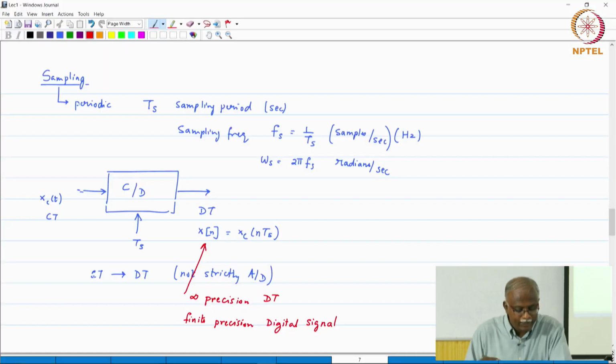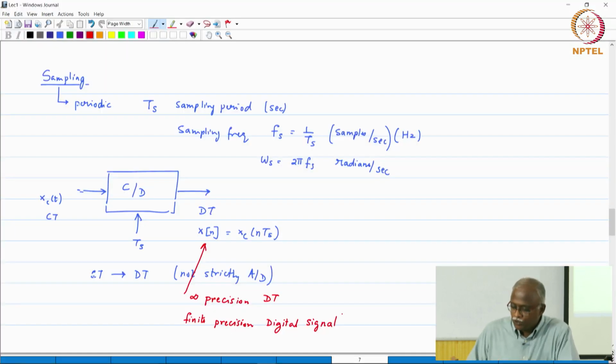Though we will talk about A to D as an application of multi-rate signal processing, I just want you to keep in mind that for us, going from continuous time to discrete time involves representing the signal quantized in the time axis, but not in the amplitude dimension. There I have infinite precision. So the difference between A to D and C to D is very important for us. We are primarily talking about a C to D.